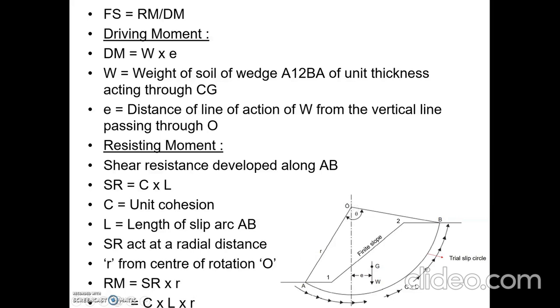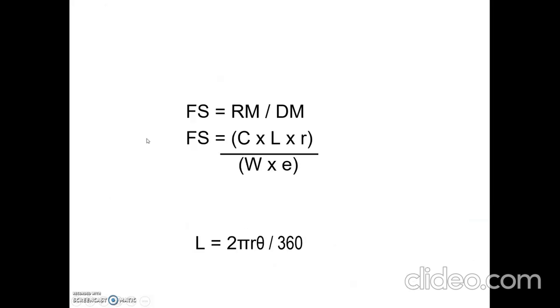So resisting moment will be force into distance. Force is nothing but shear resistance, that is SR, into distance is R. And we have already written the equation for shear resistance, that is C into L. So resisting moment will be C into L into R. So we know resisting moment and driving moment. Now we can write the equation for factor of safety. So factor of safety is equal to resisting moment divided by driving moment.